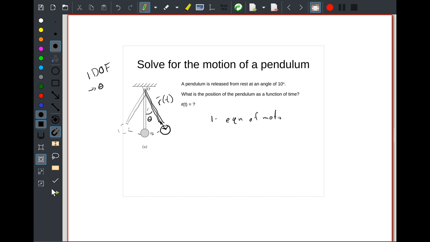There should only be one since it's 1 degree of freedom. Second step is integrate, that we should end up with some theta double dot of t as a function of time, theta, or theta dot. And then the last step is use theta of t to create the position as a function of time.